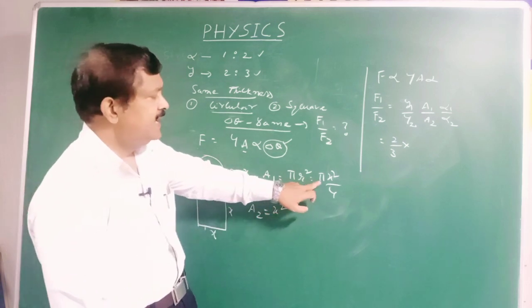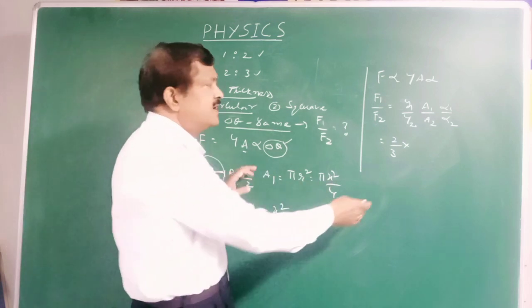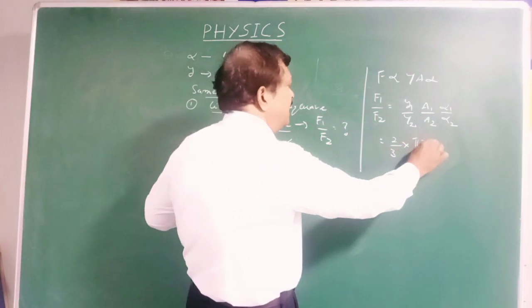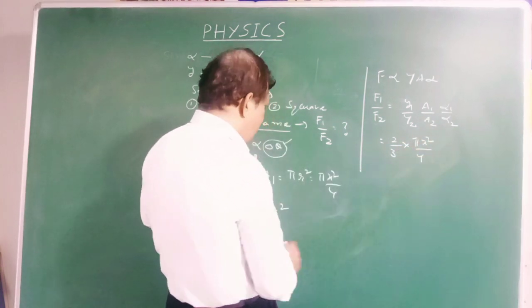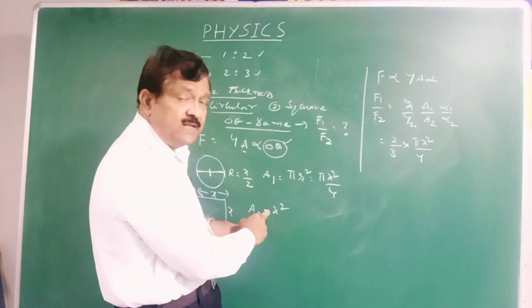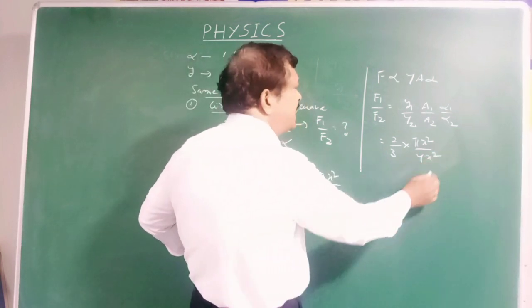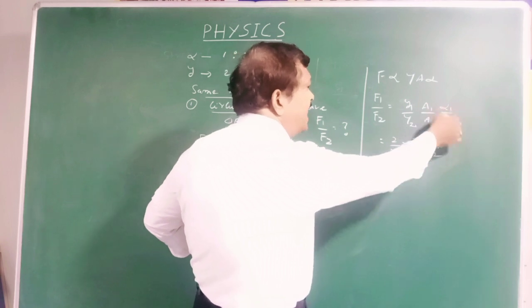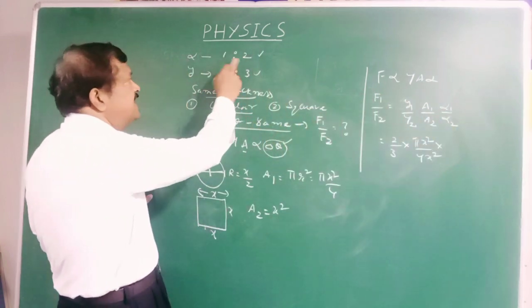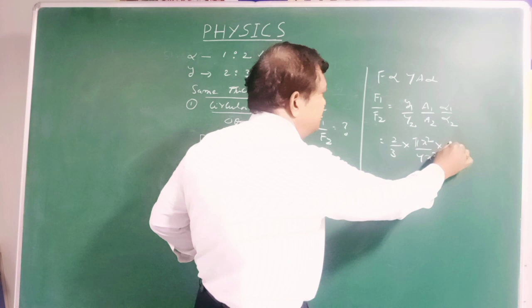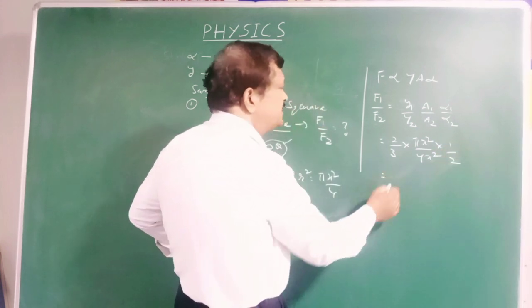What is A1 here? Pi x square by 4 for the circular cross section. The second one has A2, a square cross section of side x, so it is x square, into the ratio of alpha. The alpha ratio is given as 1:2.